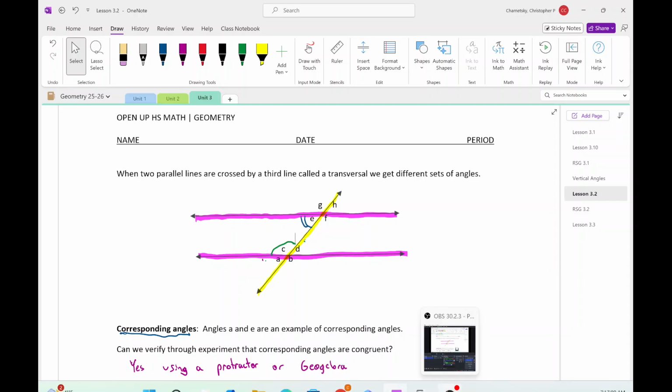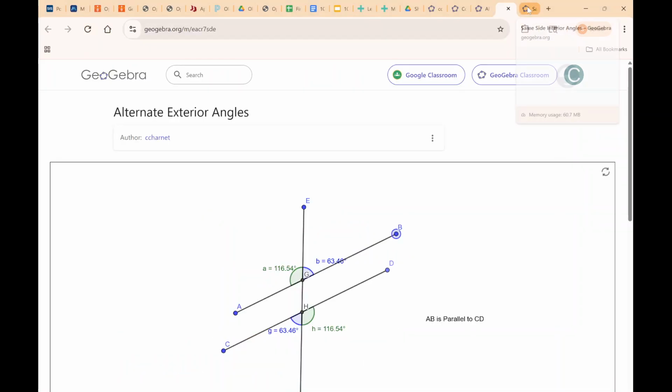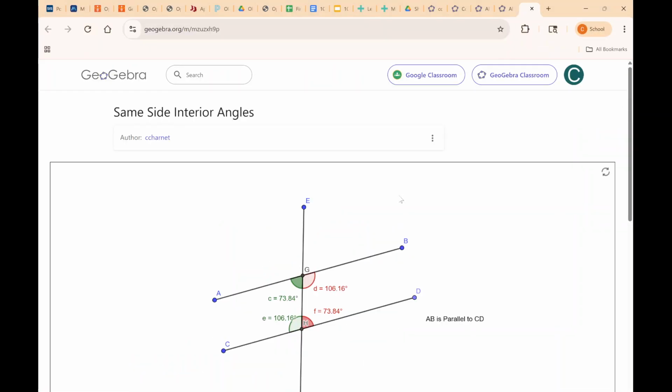If we look on GeoGebra, so if I look at the dark green angle and this light green angle, we can see that they're adding together. If we put them together, they're going to add up to be 180 degrees. And we can kind of see that since this 106.16 and this 106.16 degrees next to our same side interior angles, they're going to be supplementary.